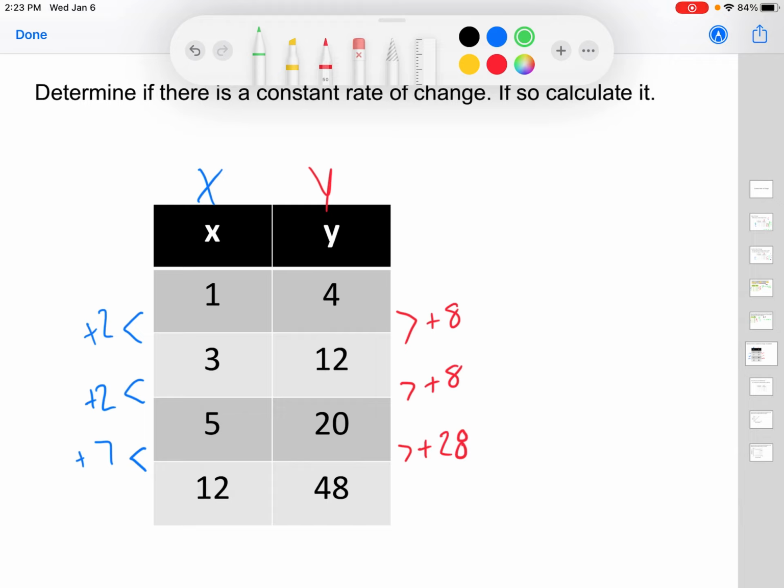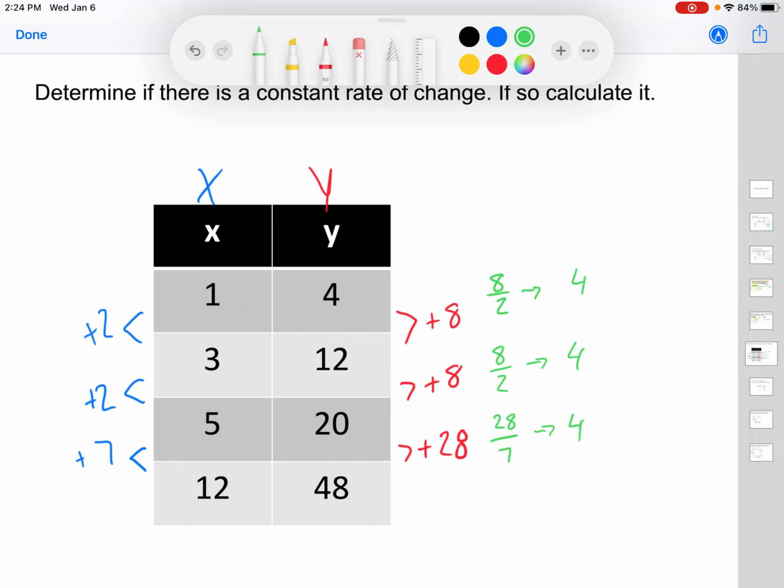So right away, we can't say that it's a constant rate of change off the top, but if we simplify all of these, we have 8/2 for the first one, 8/2 for the second one, then for the third one, we have 28/7. Now, if we simplify this, 8 divided by 2 is going to be 4. 8 divided by 2 is still 4. And if we do 28 divided by 7, we also get 4.